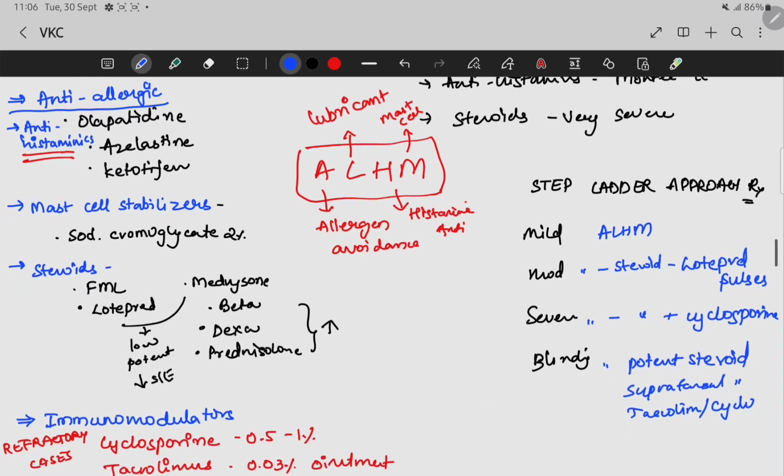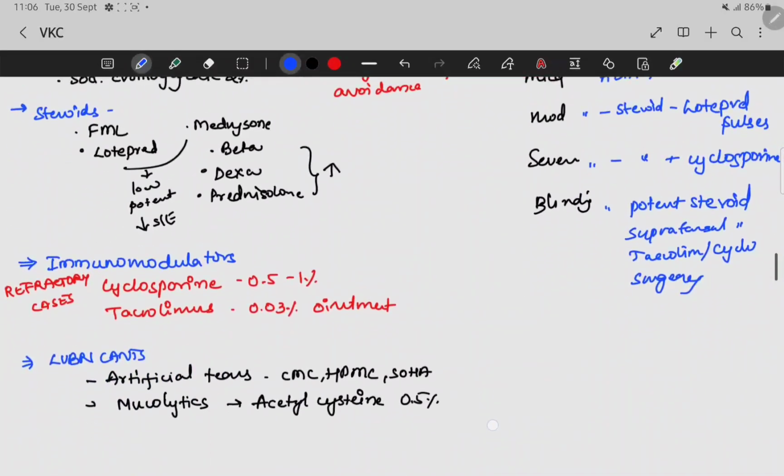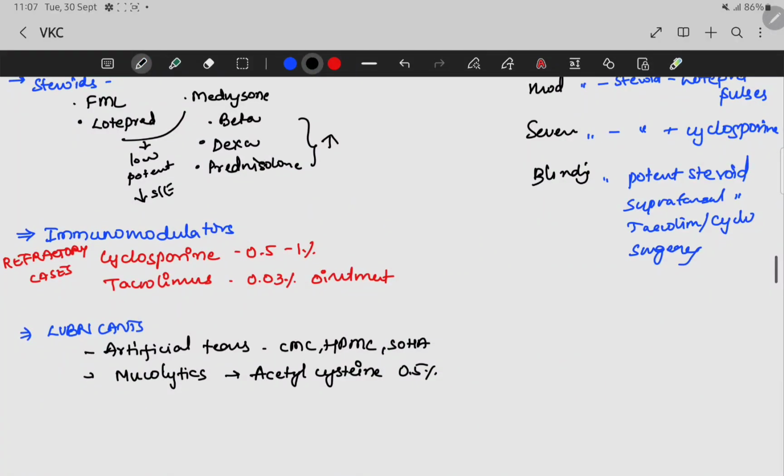Okay, coming to the black box warning, there has been a warning by the US FDA for tacrolimus and pimecrolimus. They have said these have the tendency to cause cancer. That's why they have come with this black box warning.